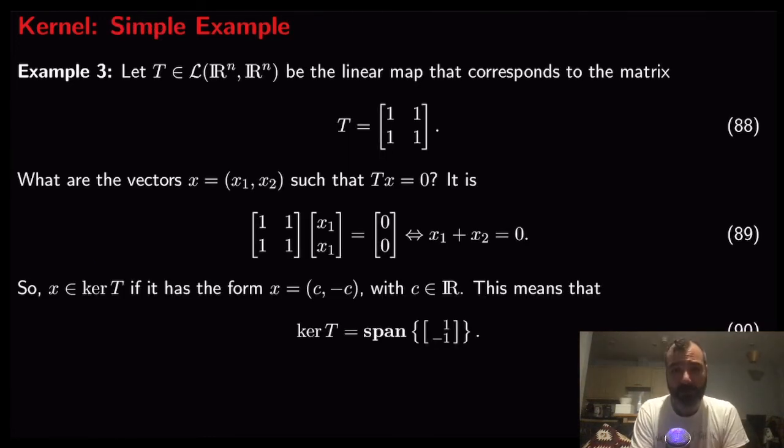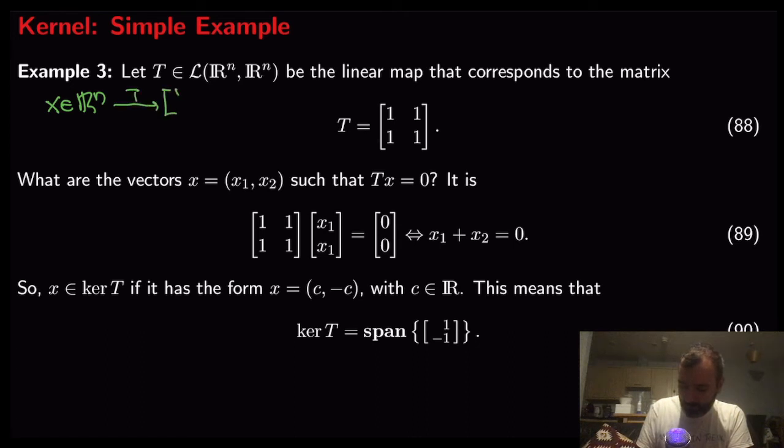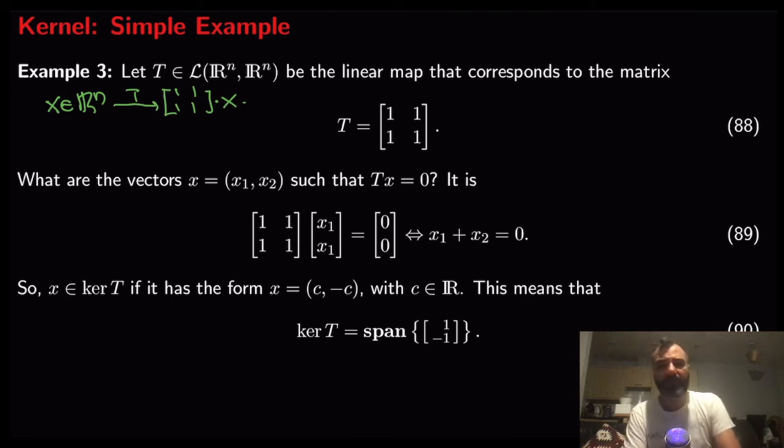And another example, take T to be a linear map that corresponds to this matrix. How does this linear map work? Take X that is inside Rn. So the linear map T returns to you the matrix 1, 1, 1, 1 times X. And I want to find the kernel.